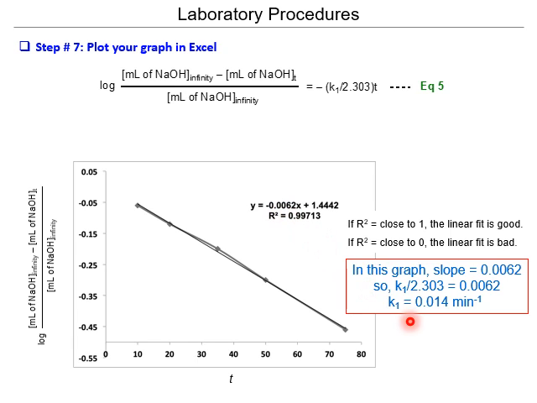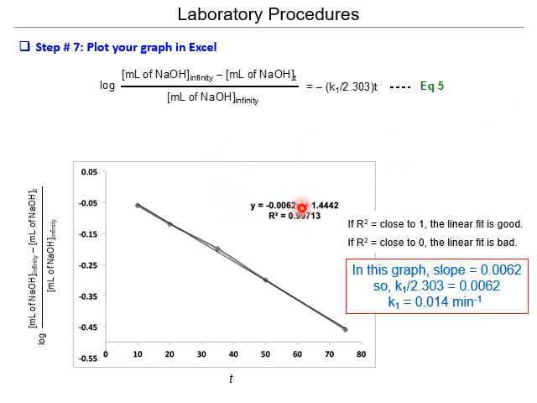So minus 0.0062 equals minus K1 over 2.303. You can calculate K1 easily. It will be 2.303 times 0.0062. And so you will have your K1, the rate constant, at the end of the calculation.